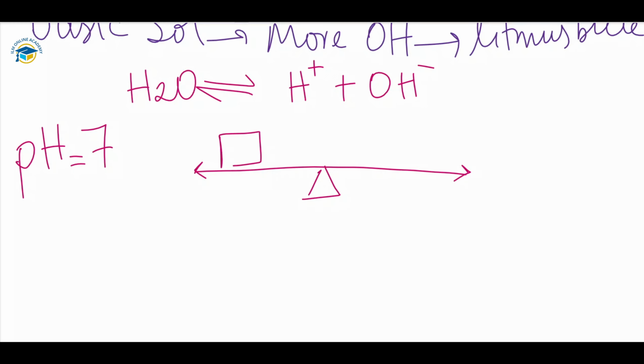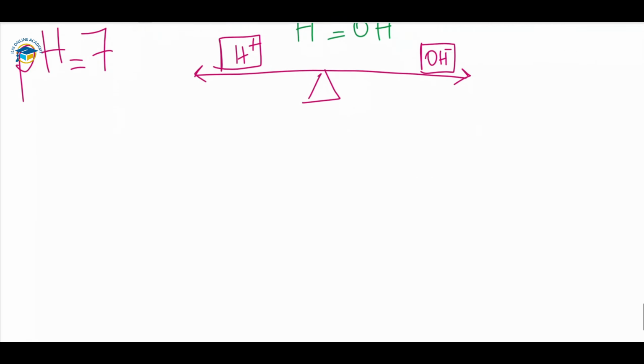So we have hydrogen ions and we have hydroxide ions. So there is a balance in pure water. Why is there a balance? Because hydrogen ions are equal to hydroxide ions in pure water. They have an equal number of ions when the water molecule is dissociated. So the pH is 7, neutral, because pure water has an equal number of hydrogen and hydroxide ions.